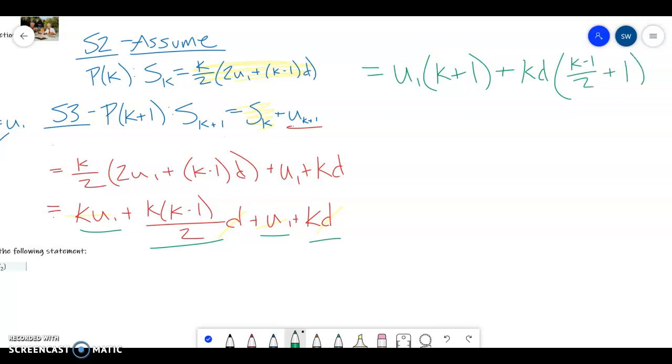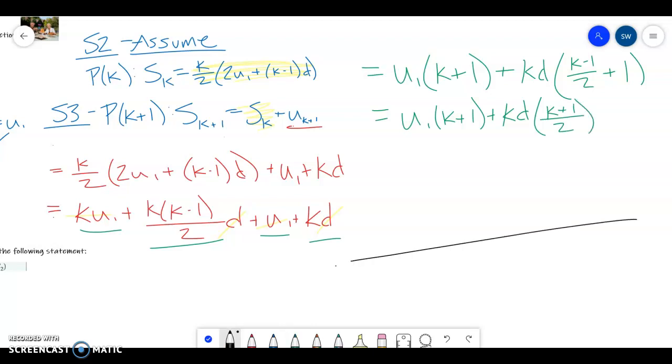Okay? So let's combine that ugly fraction over there using common denominator. So if I change 1 to 2 over 2 and add that to the previous fraction, that would be k plus 1 over 2. Okay, here you're asking yourself, okay, what do I do next algebraically? So the nice thing about proof by induction is you know what it should look like at the end.